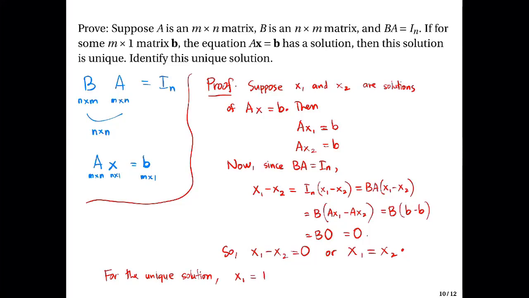Again, this is I sub n x1, but again, the I sub n, that's BA. BA x1, but AX1, that's equal to b. So this is now equal to B times the vector b. So the unique solution has this form.